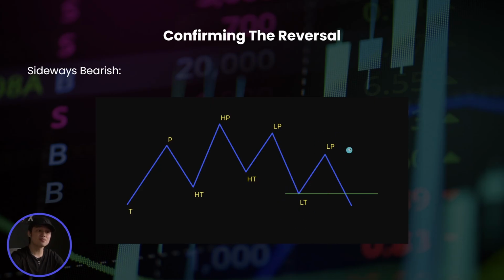And for the lower peak, this is our confirmation that right now the bearish momentum has entered the market. And for the breakout of the lower trough, the previous lower trough right here, it is our bearish trend reversal confirmation that the trend has reversed after the bullish trend.